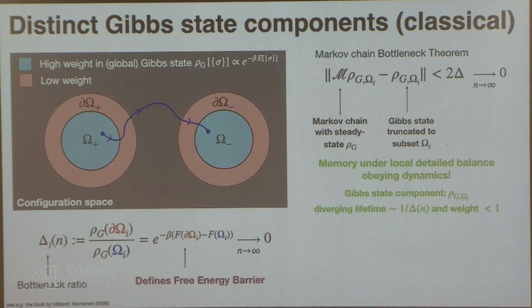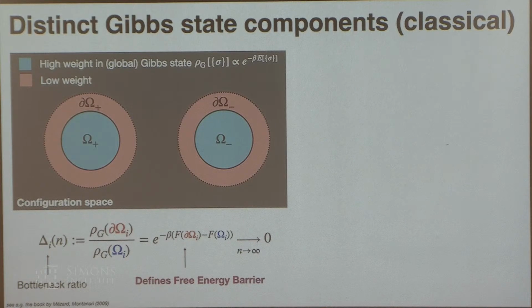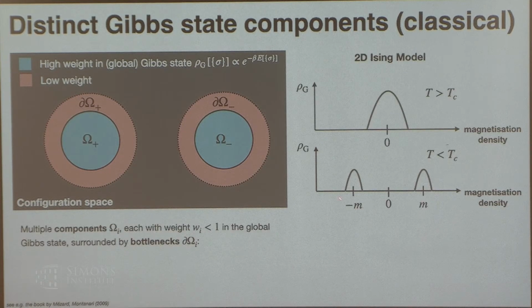But you can just say, for instance, that omega plus is all spin configurations such that the total magnetization is greater than 0.75, and then omega minus is this being less than minus 0.75, for instance. Okay, so in this picture that I had here, you just set some cutoff, okay, and this could be used to define your Gibbs state components.